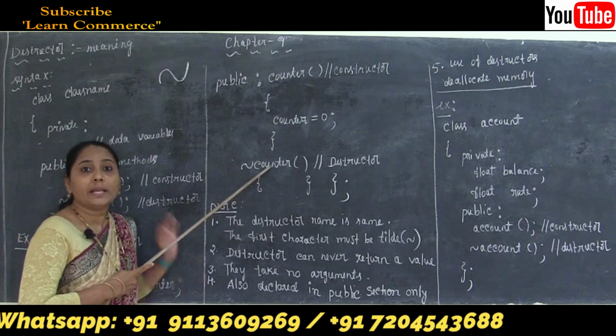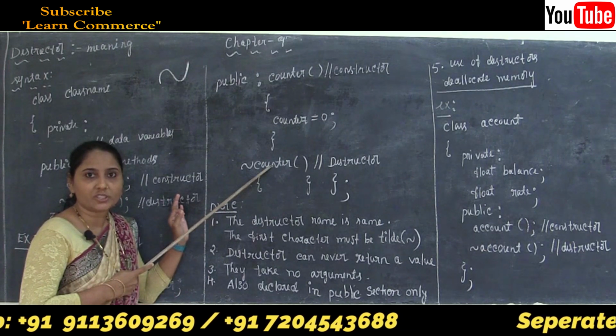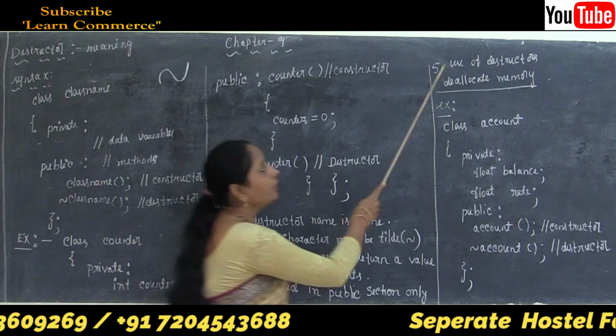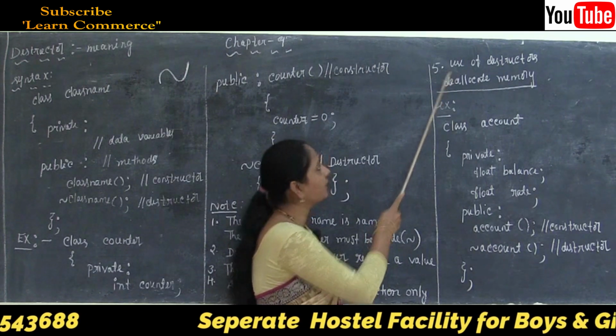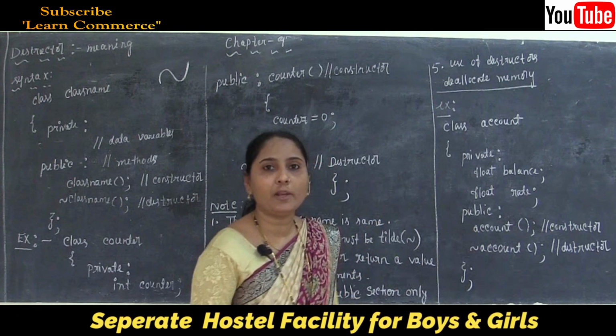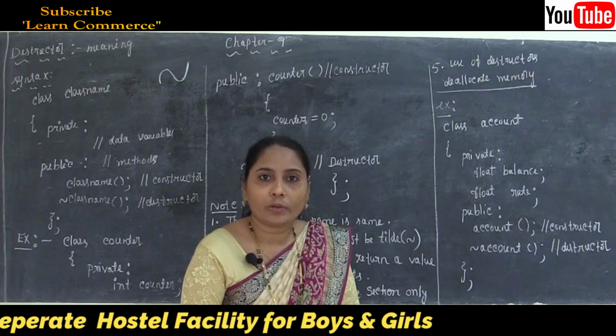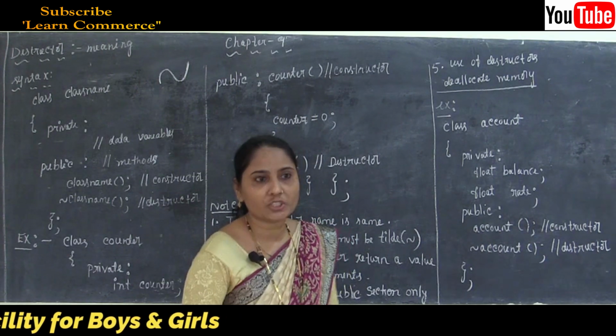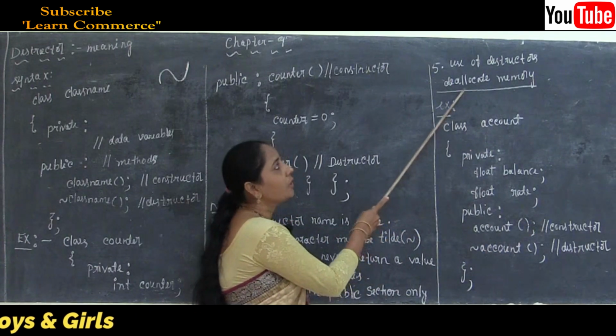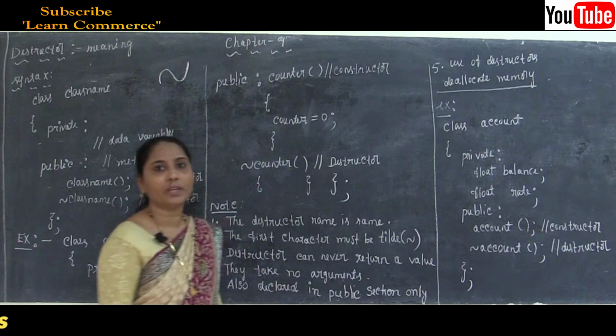Deallocate means removing the memory. So the common use of destructor is called deallocate memory. Deallocate memory means the memory that was allocated for the object by the constructor. So that is the use of the destructor.